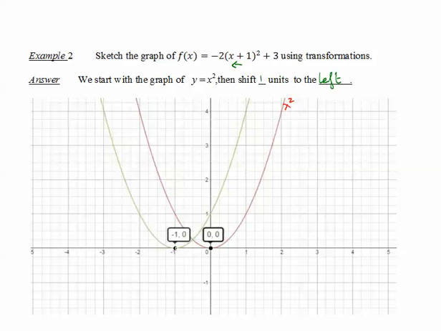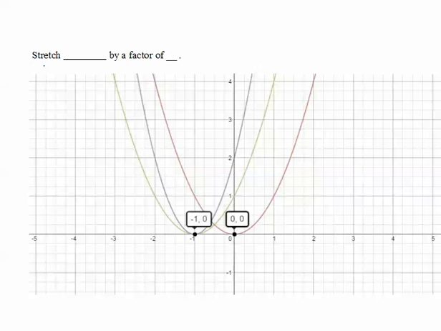So here I shift the vertex 1 unit, from 0, 0 to minus 1, 0. So what we have right here is y equals (x plus 1) quantity squared. And then the next step is we stretch vertically by a factor of 2.